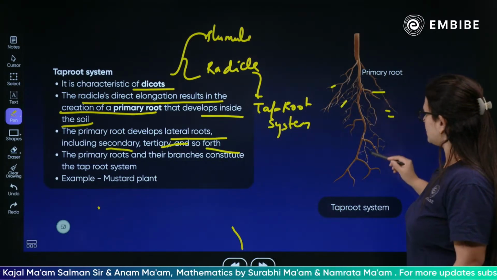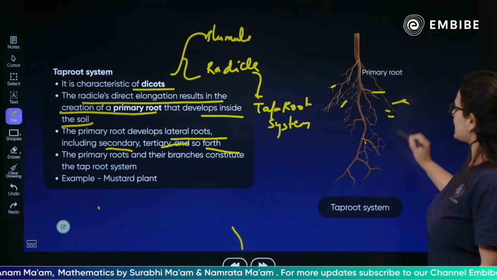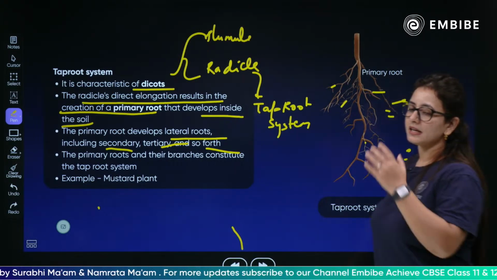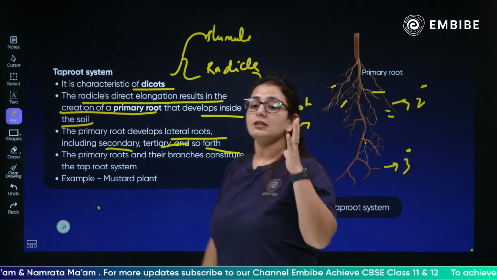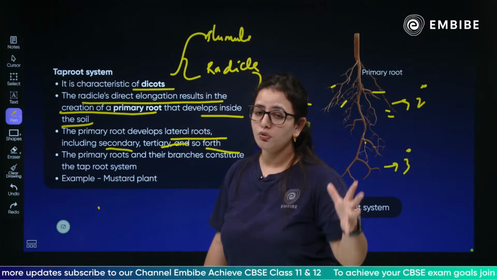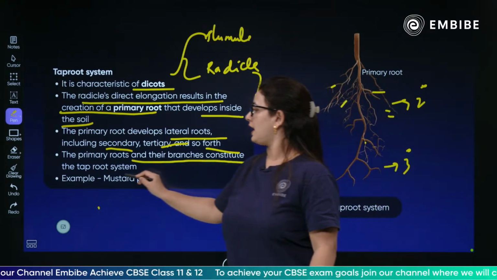As you can see, children, this is how the division goes further: this is the primary, then it would be secondary and then tertiary. All this system will continually increase, but the primary root will be formed out of the radicle and is the first formed root. The primary root along with its branches constitutes the taproot system.